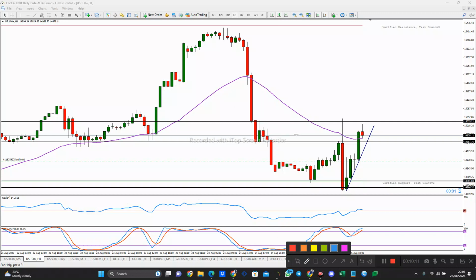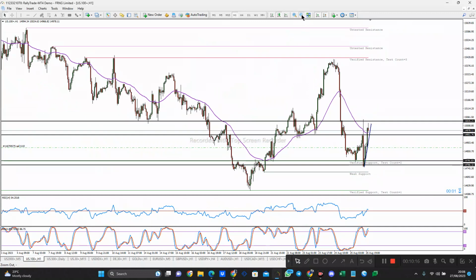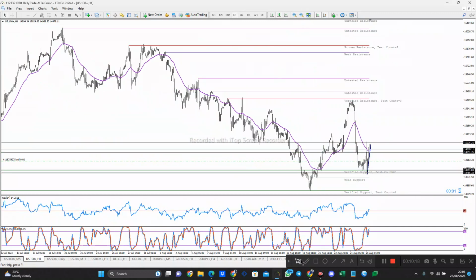Let me draw an uptrend. Impulse, retracement, impulse, retracement, impulse, retracement, impulse. Now, if I was to draw a Fibonacci retracement tool on this, this is my Fibonacci.